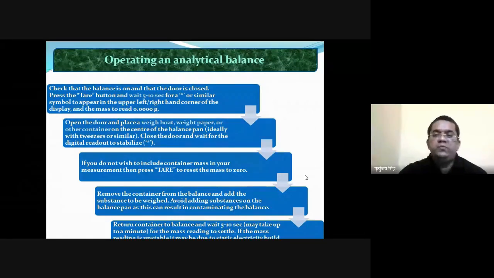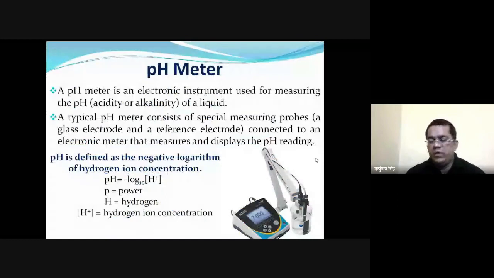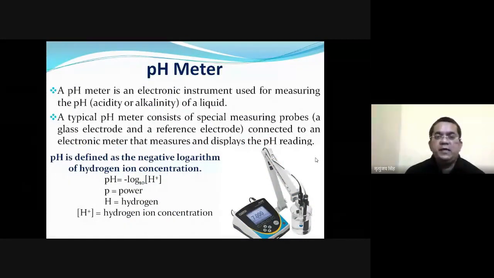Now, the second instrument you are using for your chemical preparations is the pH meter. A pH meter is an electronic instrument used for measuring the pH, acidity or alkalinity, of a liquid.